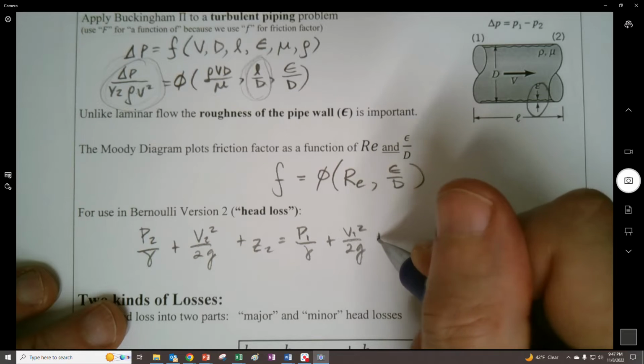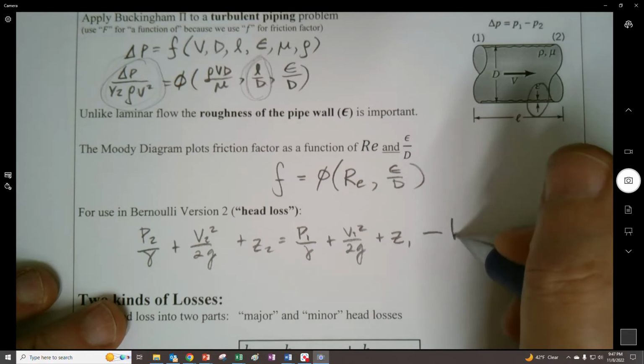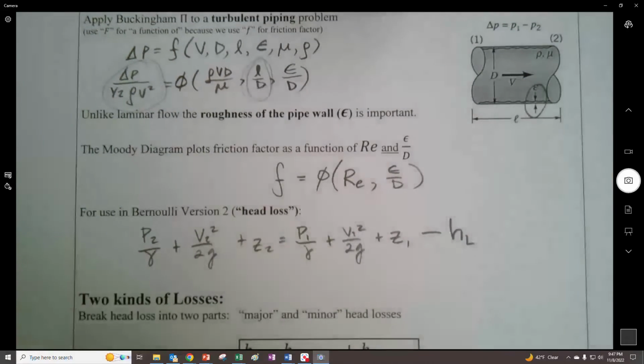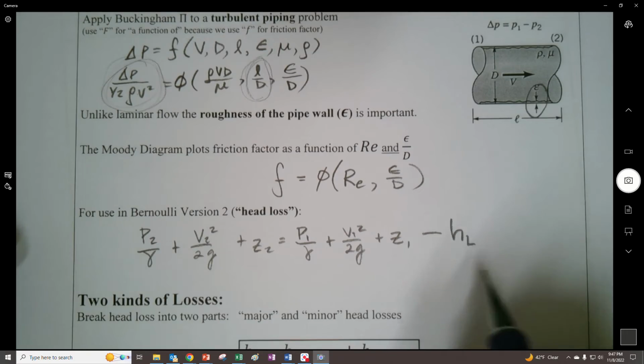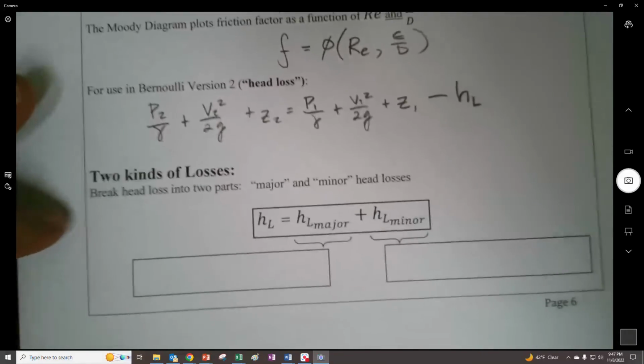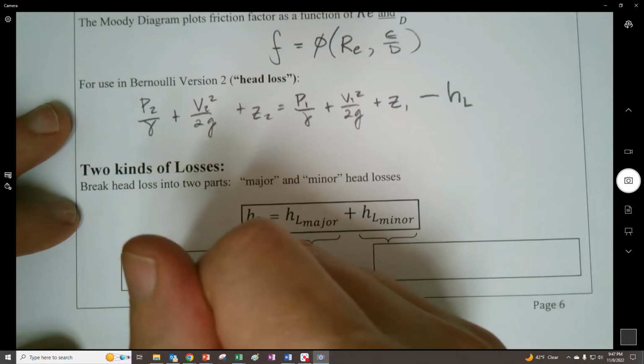Okay, sorry, almost lost my place there. And we're going to subtract out head losses. Those head losses include major losses and minor losses. Today's class is all about the major losses, and this is really just a pipe pressure drop.